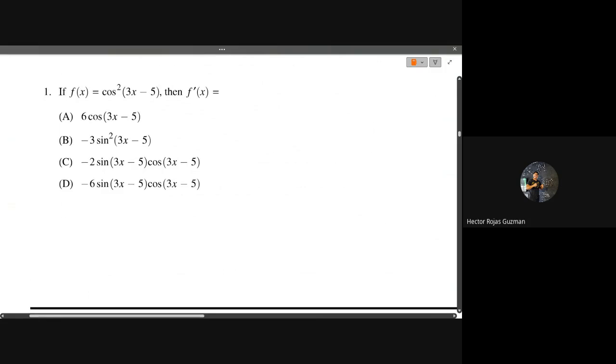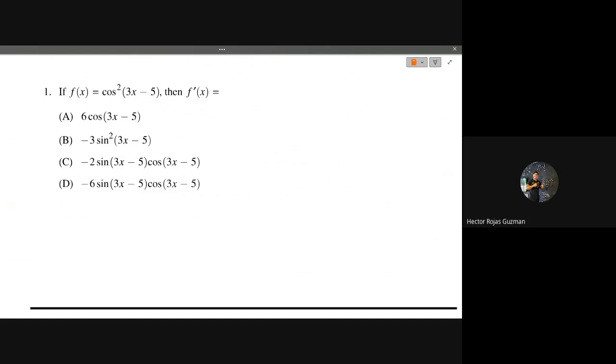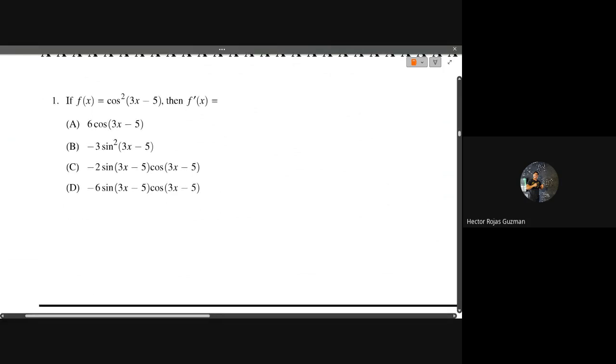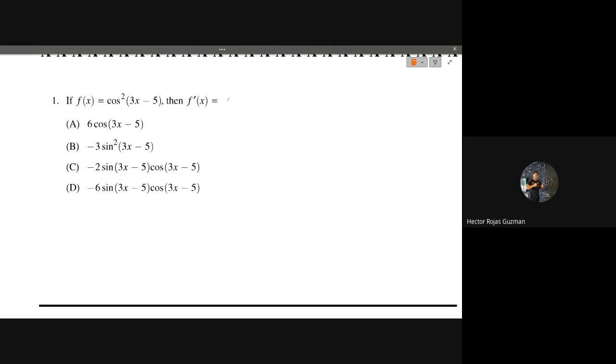Okay, question number 1. We want to find the derivative of f of x. And looking at the question right here, we are going to have to use the chain rule a couple of times. So the derivative is 2 times cosine of 3x minus 5 times the derivative of cosine times the derivative of 3x minus 5.